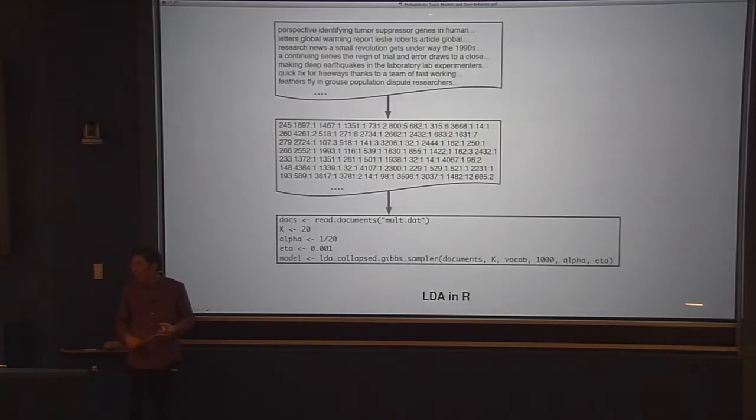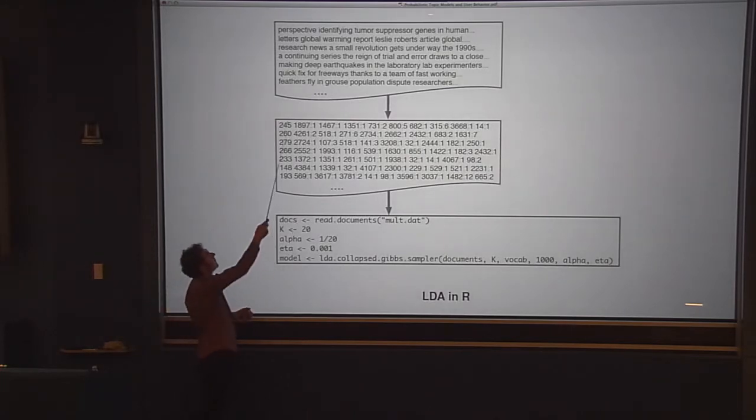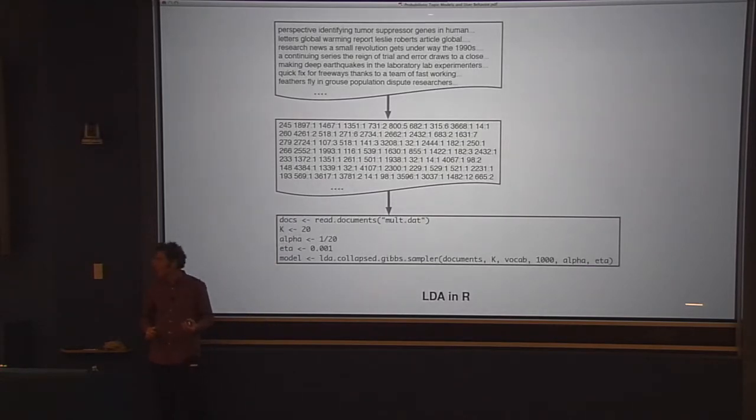Okay, one last thing before we get to user behavior data. For those of you that want to get going with this, LDA models are very easy to start to play with. This is an example of using R to fit an LDA model. There's a package in R called lda. You start out with a bunch of documents. You turn them into some kind of sparse representation, so each term in the vocabulary corresponds to an integer here.